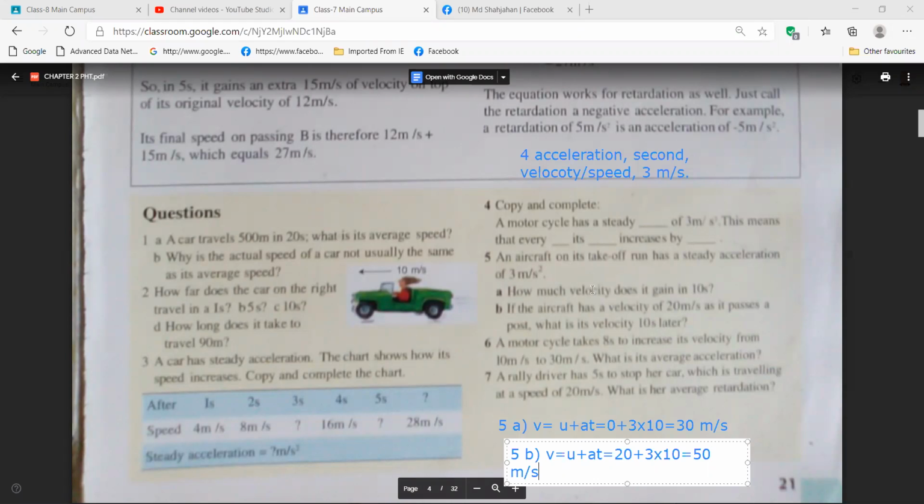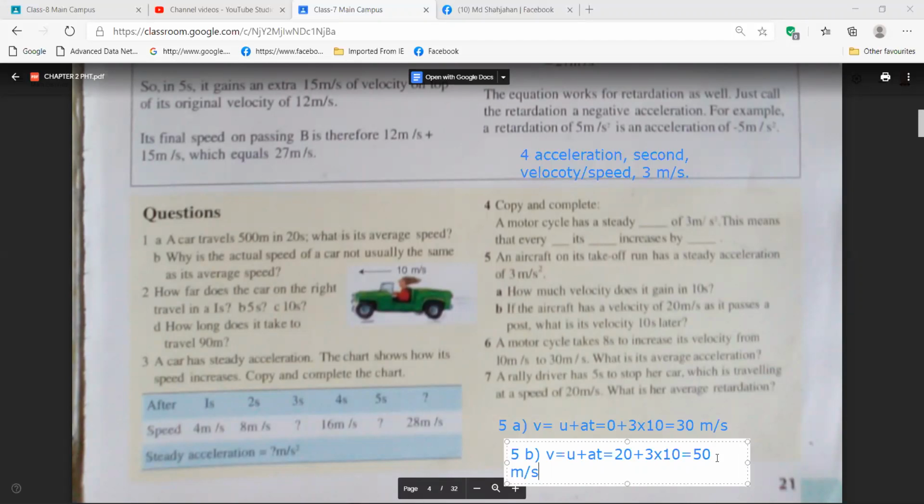Then they are asking you what is the final velocity after 10 seconds. So we wrote the formula: final velocity v equals u plus at. Then initial velocity is 0. Then acceleration is 3. Time taken is 10 seconds. If you calculate, it's coming 30 meter per second. Is it clear now, Adit?